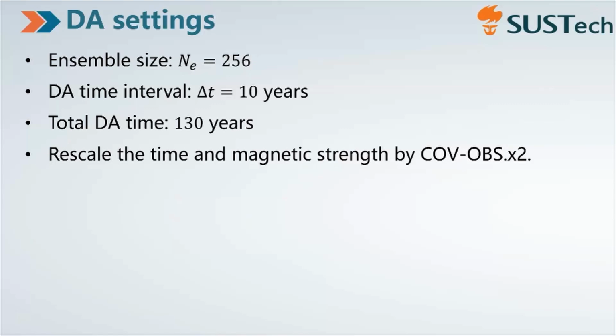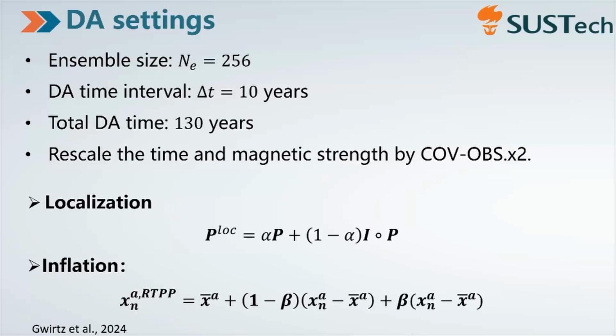In order to use the COV-OBS model, we rescaled all the simulations to dimensional units. We need to introduce the timescale and the strength of the magnetic field to match COV-OBS.